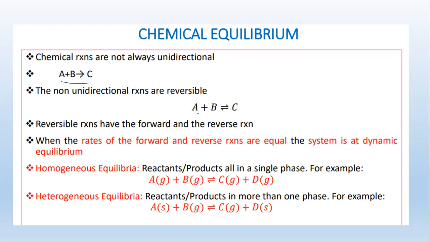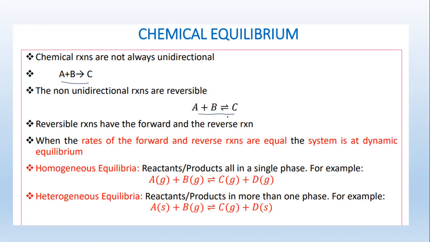And then another class of chemical reactions is what we see over here, whereby we have the reactants, which is A and B, interact with one another to form C. But you can see that C will decompose back to form the reactants because this equation is reversible. So now this type of equation is a non-unidirectional reaction.